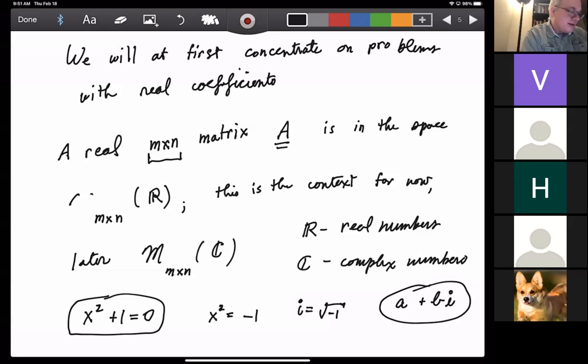Okay, so just working with complex numbers in some situations is easier because that will guarantee that you can find all the solutions of the problem. All right, but let's put that aside for now. For now, we're going to worry about real numbers.